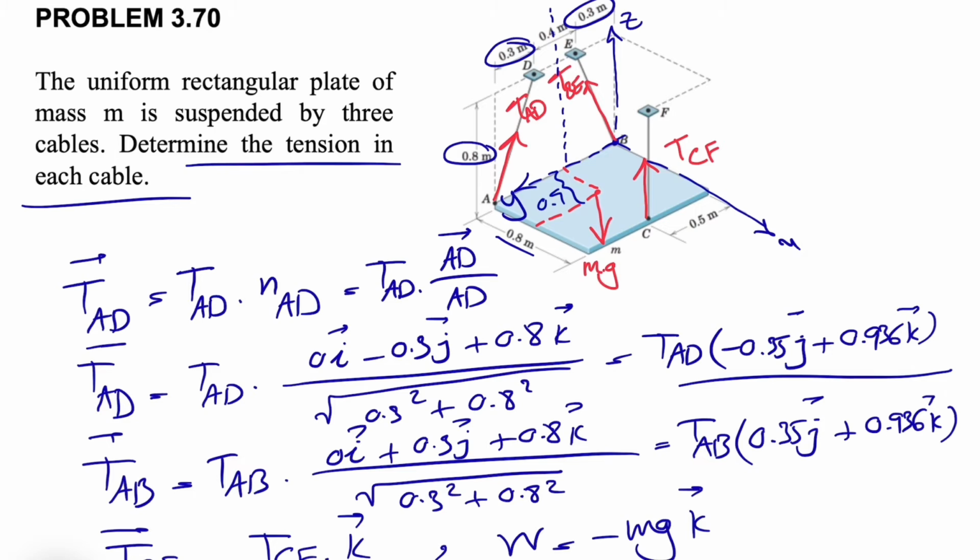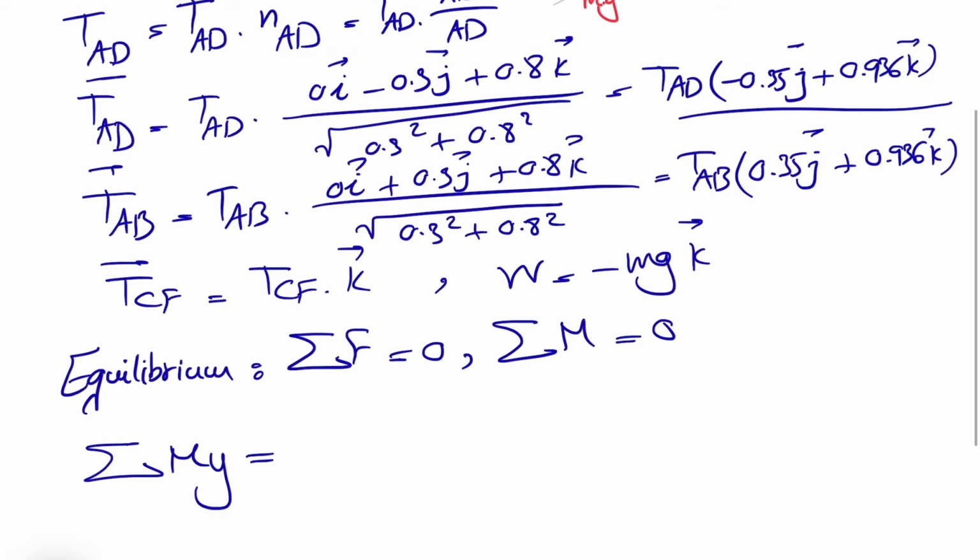So let's go with the mg first. We previously covered this in the previous question. If we look here, we'll see that the moment of mg will be in this way, which is clockwise. So we get a negative sign for mg, and as I said, the distance was 0.4.